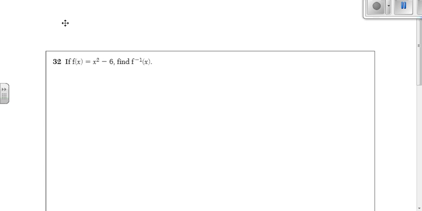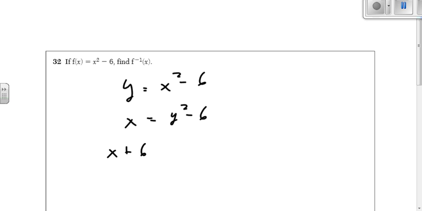Alright, find the inverse of f of x. So we set y equals x squared minus 6. We switch x and y. So it's x equals y squared minus 6. Solve it for y. So it's x plus 6 equals y squared, so we get plus or minus the square root of x plus 6.